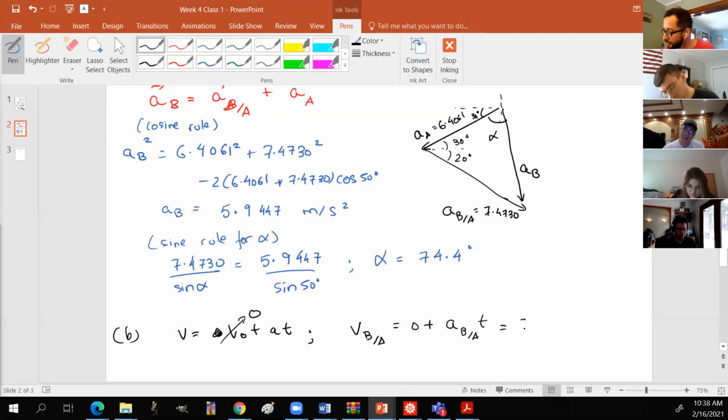So this acceleration is 7.4730 meters per second squared times 0.5 seconds, right? That comes out to be equal to 3.74 meters per second.